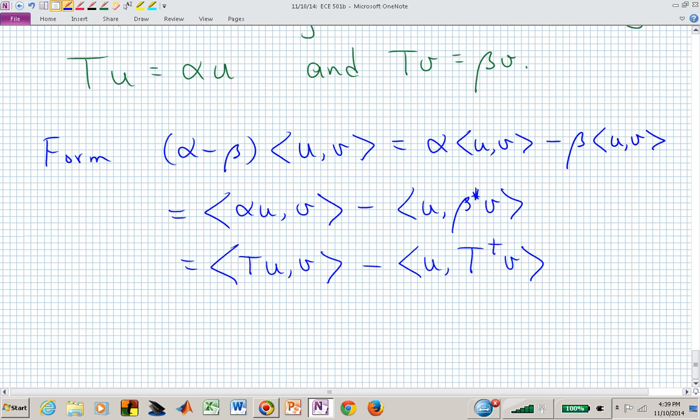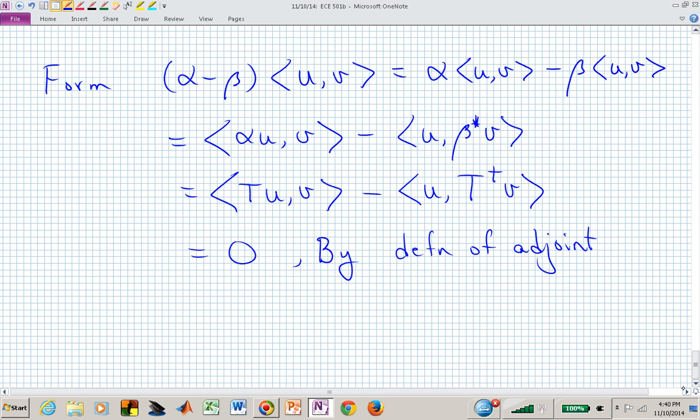And now we're subtracting the inner product of u with T dagger v. Those two terms are equal to 0 by the definition of the adjoint. And really the adjoint is created so that we can move that operator among the slots. That's one way of thinking about the adjoint.